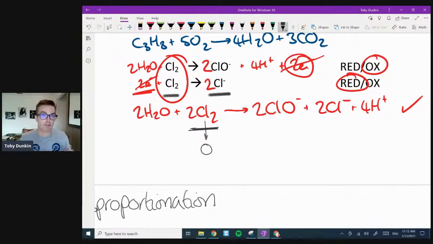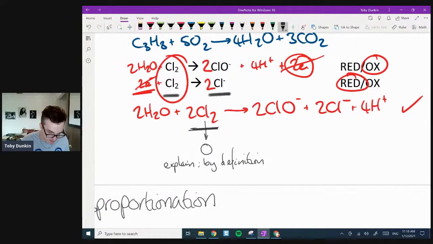In this case, it's not in a compound, it's an element, which means it must be 0. If they ask you to explain this, the answer can be two things. By definition, I absolutely hate that. Tells me absolutely nothing. I would actually prefer to say because it's an element, and elements have always got 0.